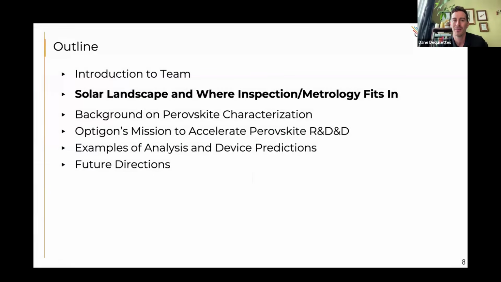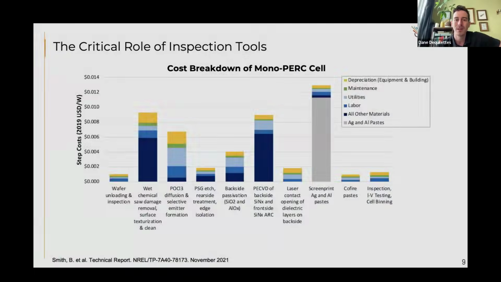So I want to talk a bit about where inspection and metrology fits into the PV landscape. First, talking about just how much inspection costs in a current module these days.